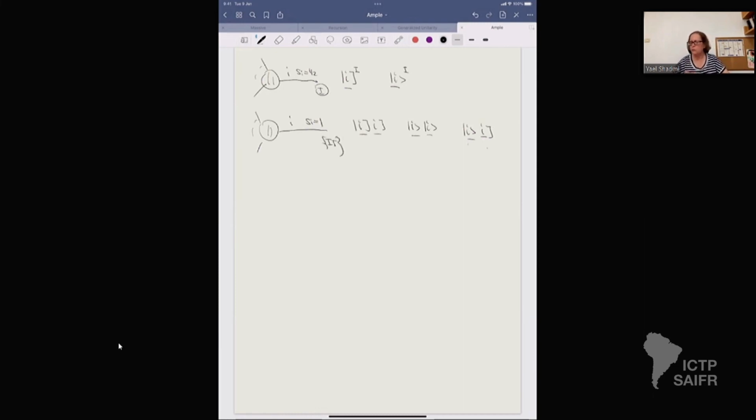Okay, and this is true more generally: if we have some external particle with spin S_I equal to S, then the amplitude is going to feature 2S little group indices.